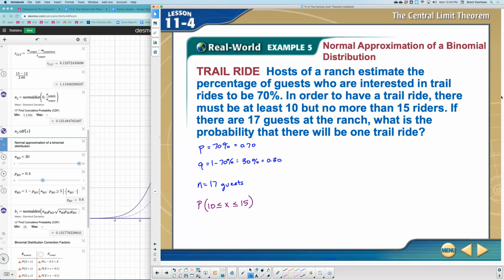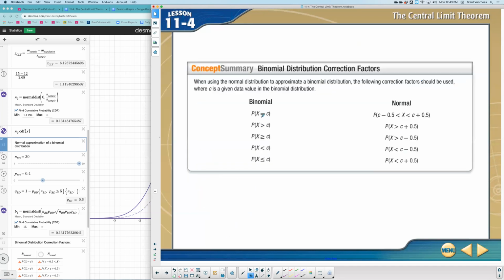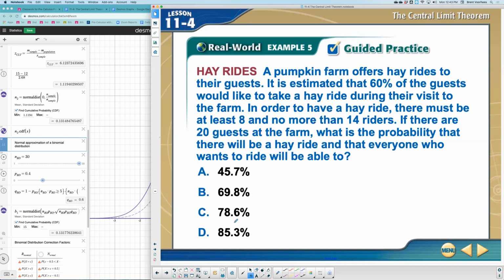And so this time, instead of getting to the end and saying, okay, now there's correction factors, let's go ahead and check out the correction factors. So if you are equal to a number, notice what you do. We first said we are greater than or equal to 10, which means you need to take that 10 and subtract 0.5.